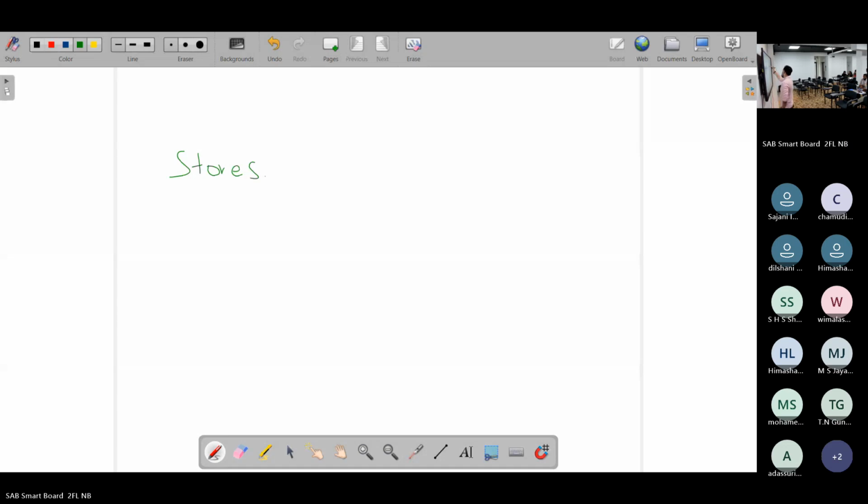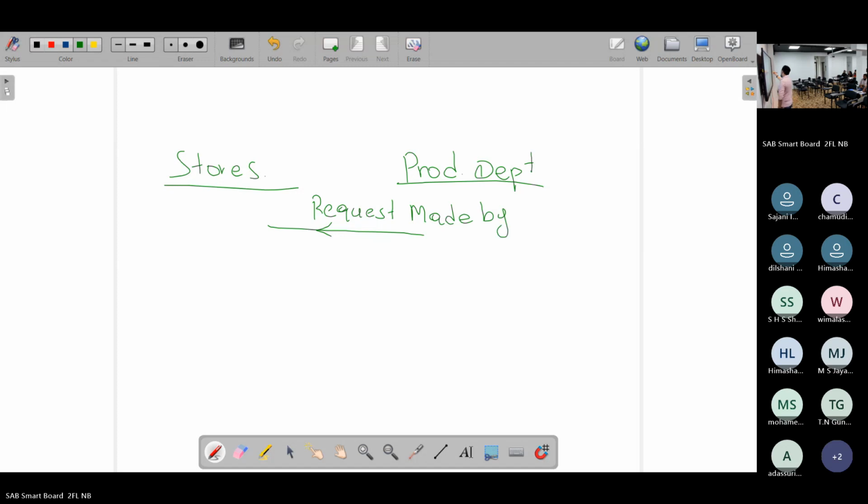Stores. First, a request made by the production department to stores. For that, the document is the material requisition note.